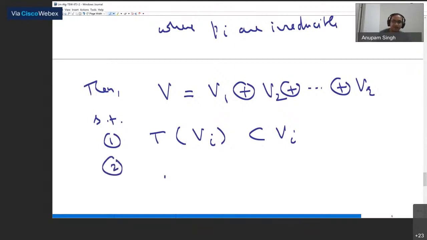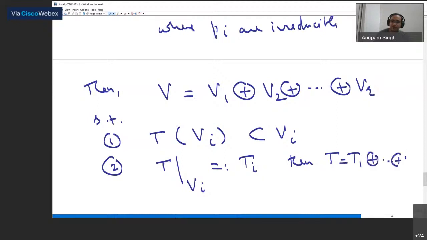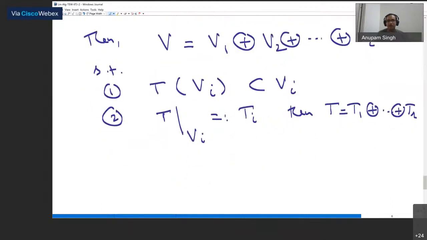Second thing is that if I look at T restricted to this subspace Vi, let's call it Ti. Then I can think of T as T1 direct sum T2 direct sum up to Tr. Meaning I can think of them as if they are in different blocks, right?